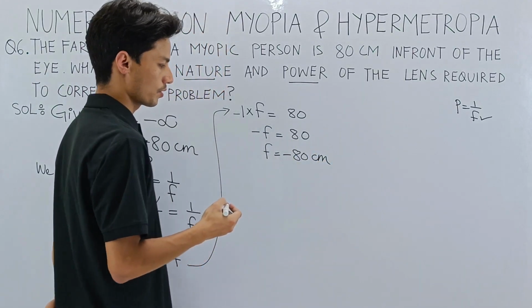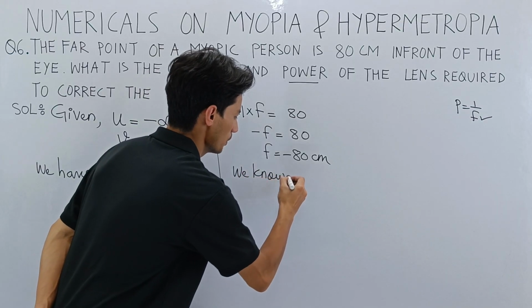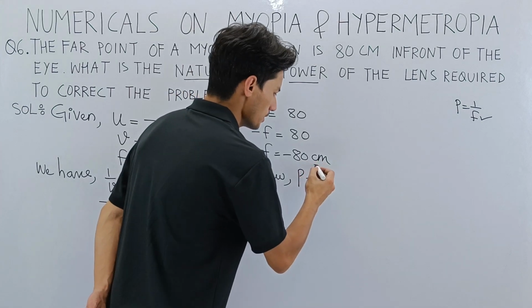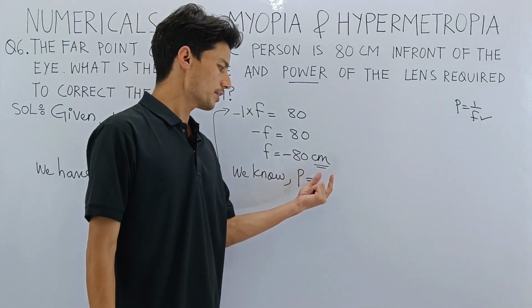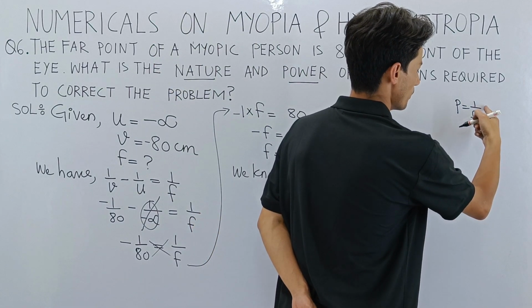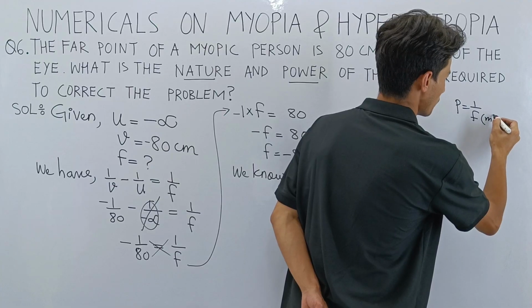Time to find power. The unit is in centimeter, class. If the focal length is given in centimeter, we have two formulas for power. We have P equal to 1 by f, but this is if the focal length is in meters.